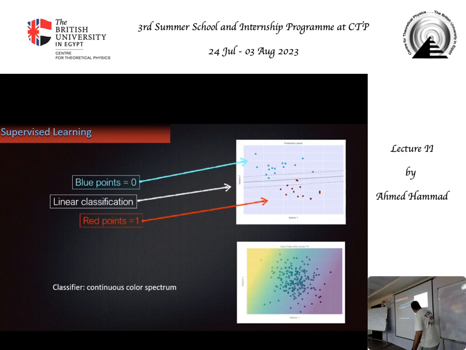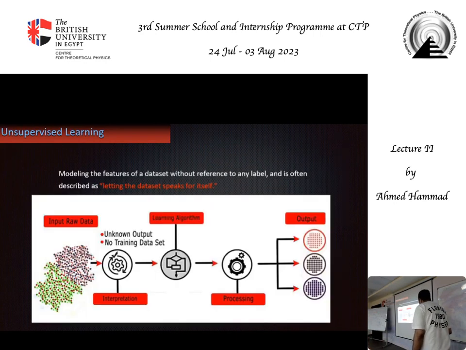If it's here, then a black color of 0.2, and so on and so forth. So here we can measure a probability between 0 and 1. But here we also measure a probability, but this probability is whether the point belongs to the first class or to the second class. So this is the major difference between classification and regression problems.